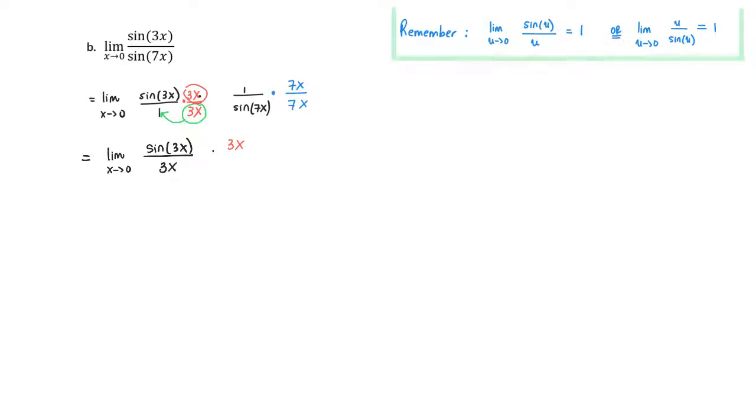And then moving on to the next one, actually, no, let me undo this. I am going to have division here, sine of 7x, and then this 7x, I want it here above in the numerator, so I'm going to have 7x, and this 7x in the denominator, I'm going to go ahead and bring it to join 3x. So I'm going to have over here divided by 7x.